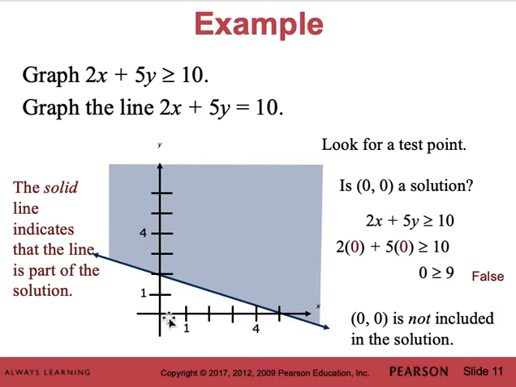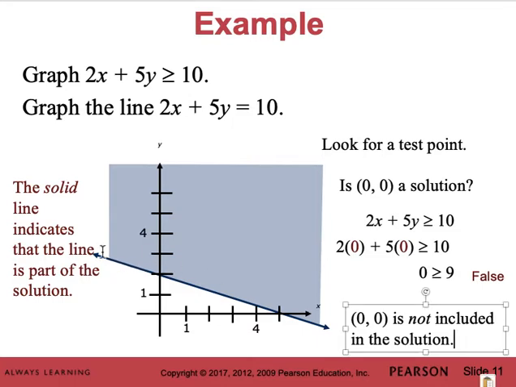No, it's not. So we can replace x and y with 0 and see if 0 plus 0 is greater than or equal to 10, and that would be false. 0, 0 is not included in the solution. So what is included?